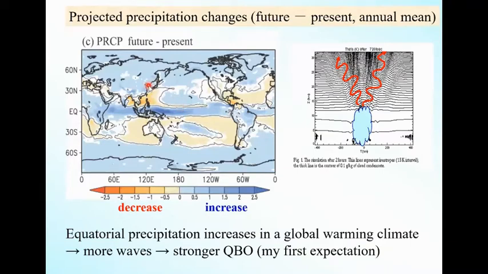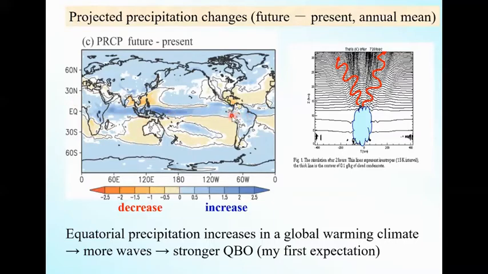Here is the projected precipitation change, future minus present climate. You can see the blue colors in the tropics, which means tropical precipitation increases in the future, which is a very common feature in all climate model simulations.